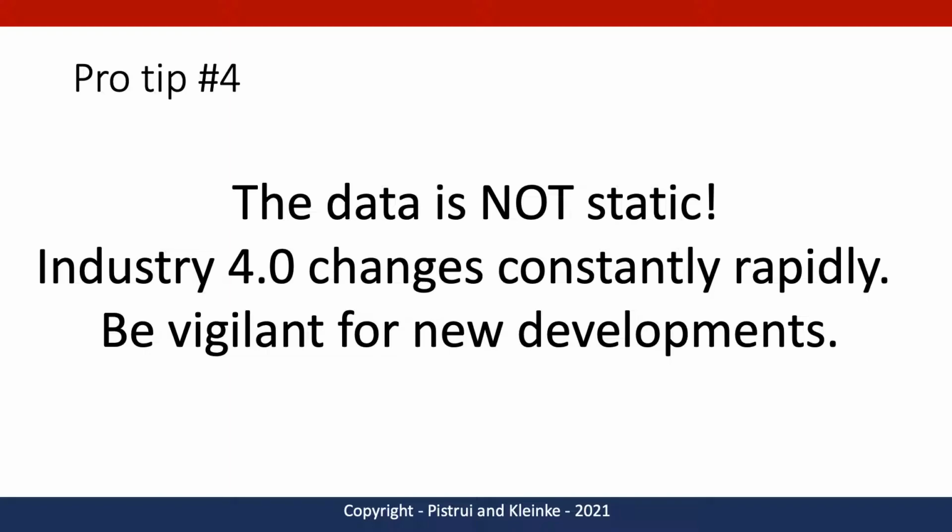Things move much faster than that. It no longer takes 40 years or 50 years for technology to go from invention to marketplace. We are now talking about years or months, even in some cases. So be vigilant for new developments. Changes happen rapidly and they are exponentially occurring all around us.